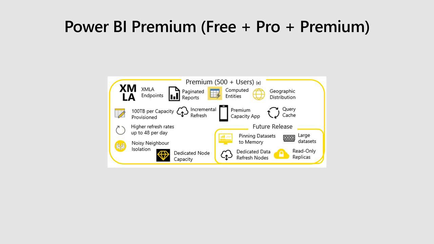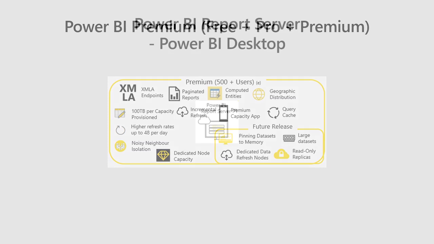So the Premium Capacity app lets you very quickly see what that capacity is being used for, which gives you some insights to manage it effectively. And some of the future releases are increasing the data set sizes, read-only replicas, and pinning data sets, because Power BI Premium tries to manage memory efficiently.